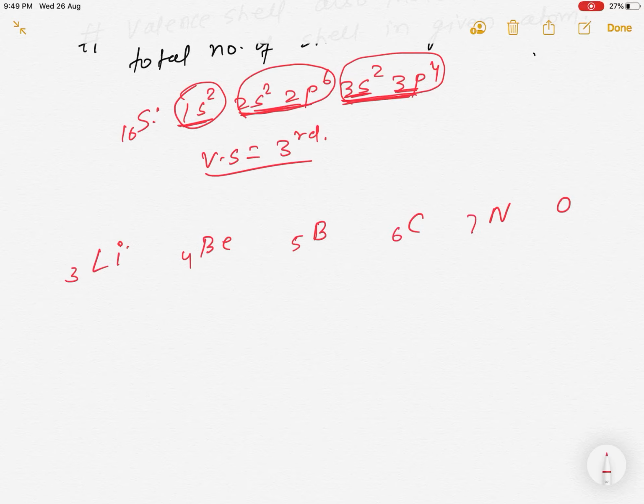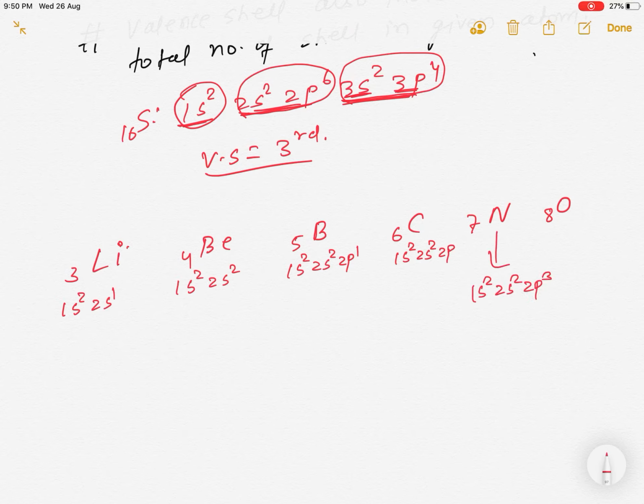Before that, you should have the knowledge of atomic numbers. Lithium is 1s2, 2s1. Beryllium is 1s2, 2s2. Boron is 1s2, 2s2, 2p1. Carbon is 1s2, 2s2, 2p2. For nitrogen, 1s2, 2s2, 2p3. And for oxygen, 1s2, 2s2, 2p4.